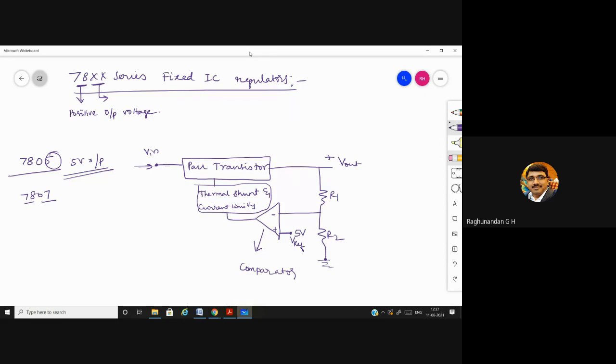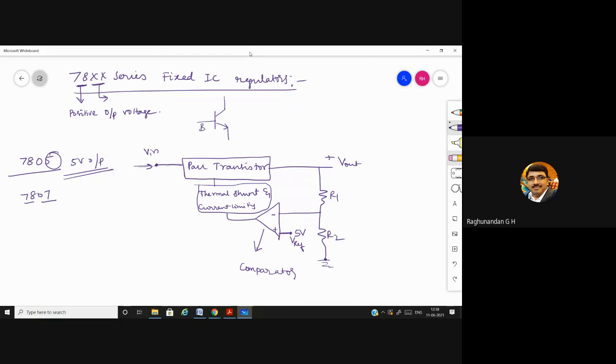We are having a pass transistor, in the sense it is the transistor which is going to pass the current through it. This pass transistor will be a BJT, bipolar junction transistor, which we are going to study later.